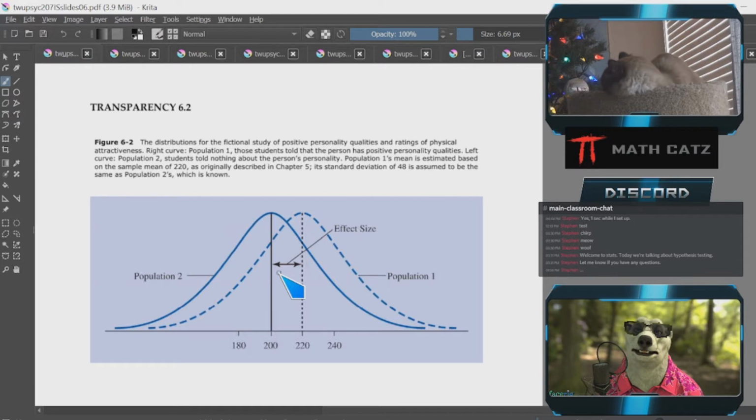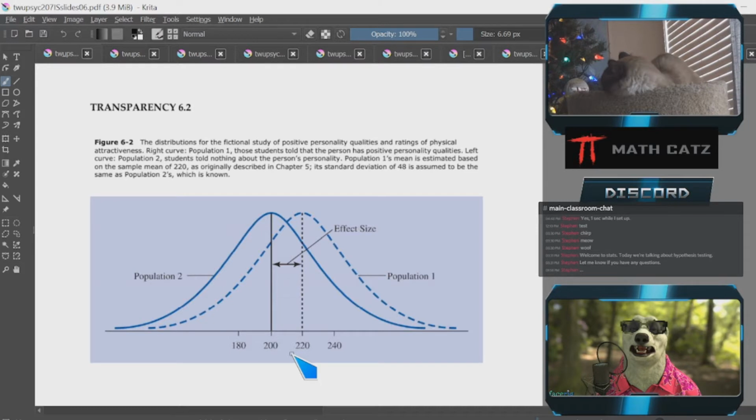So if we refer back to our personality rating of physical attractiveness example, where we try to investigate if the rating improves from the average of 200 based on the sample provided and the evidence collected.